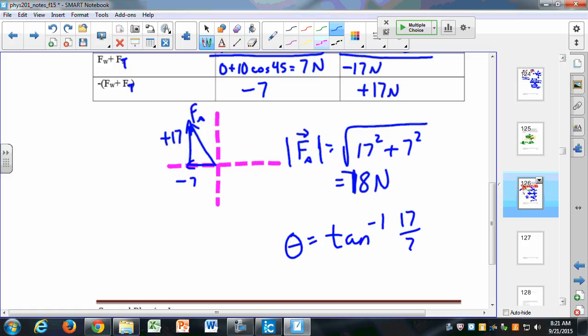That's 17 over 7. And I get 67 degrees. Notice that I didn't put the negative in here for negative 7. I recommend that you not do that, but you realize that it's 67 degrees below the positive x-axis. And I'll be looking for that qualifier whenever you give directions for vectors.